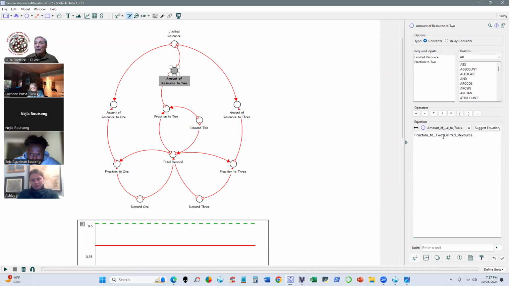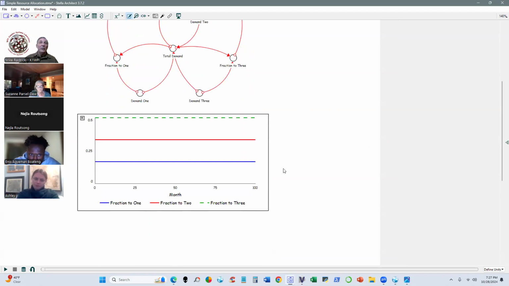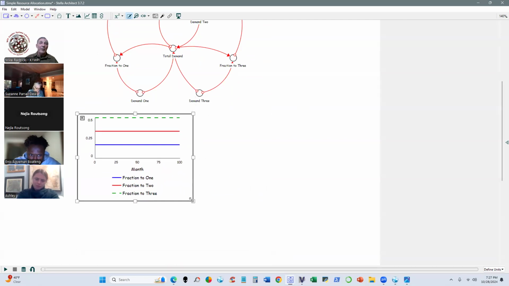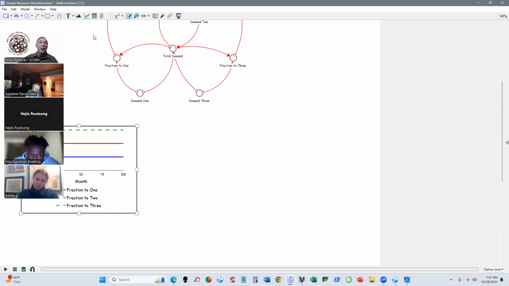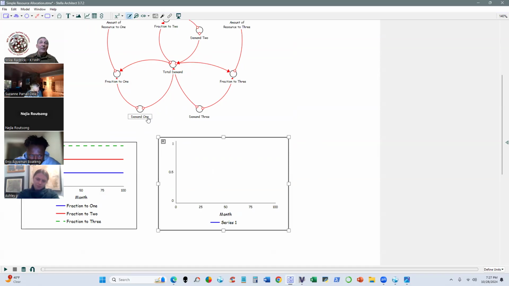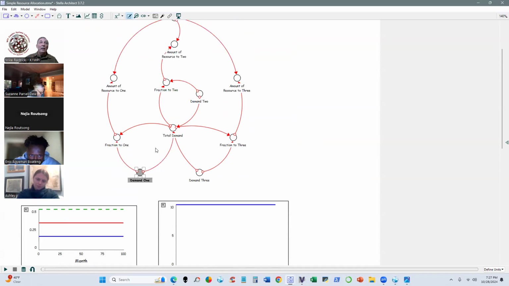Over here times the limited resource. And similarly to 3 and the limited resource. So you can see the fractions here. Now, what I should have done and didn't do, shame on me, is I probably should have said, let me get a graph here and say, all right, demand 1 and amount of resource to 1.